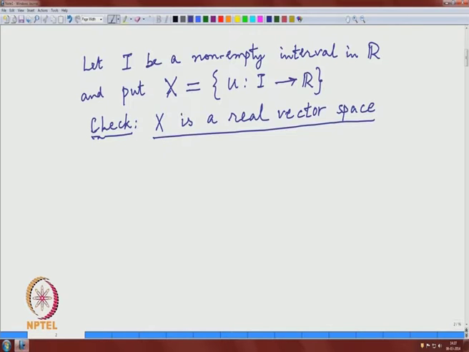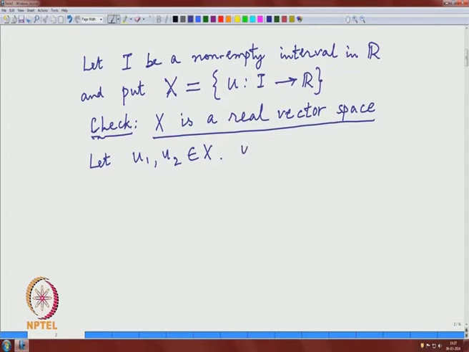So, we are going to discuss what is meant by linear dependence or independence of two elements in this vector space X. Okay. So, let u1, u2 belong to X. This is the general definition in any vector space.